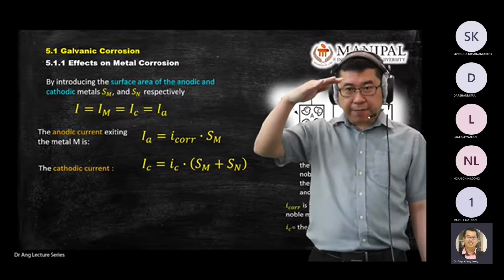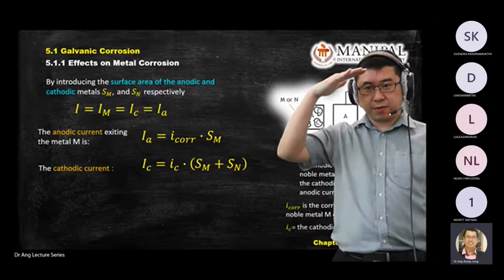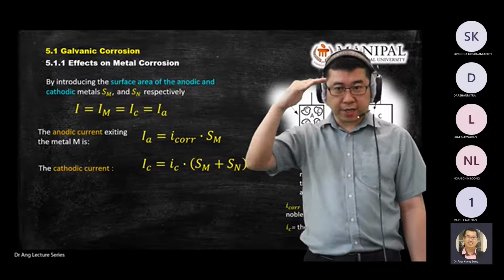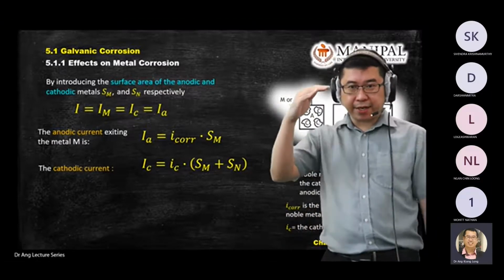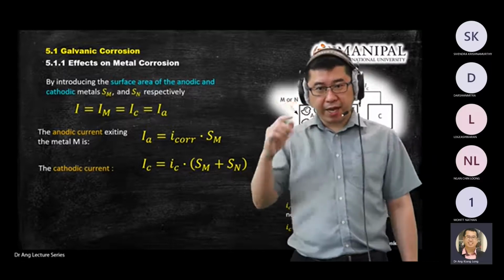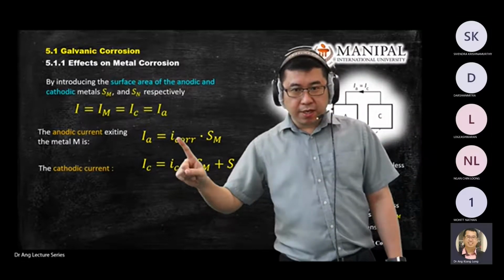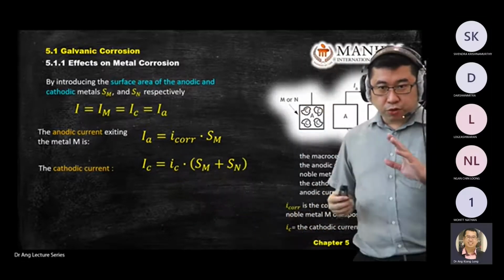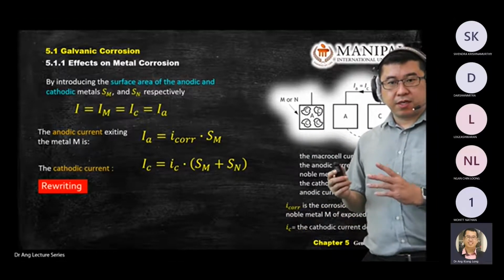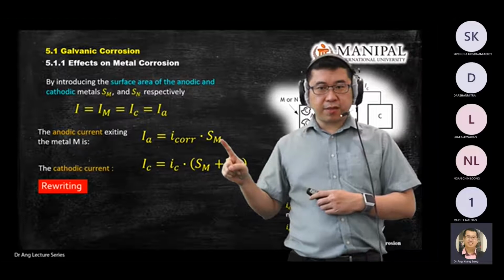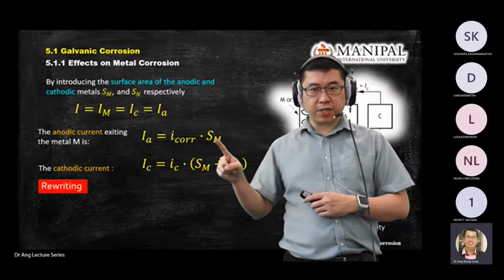We looked at what happened at the high nobility metal, which is your cathode. M, N, M, N. So we look at these two equations. So we have three equations so far. Basically, you can link these three equations.